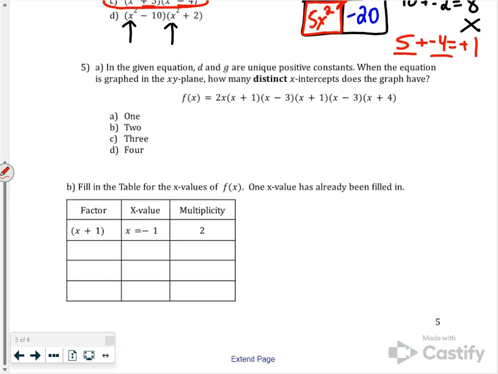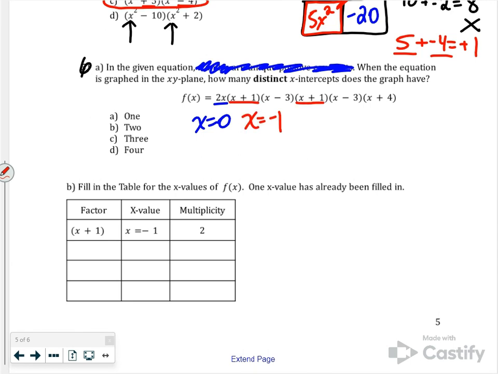Okay. Now, this is technically question 6, and it is the last one on the review. So it says, given the equation, D and G were the old parts of the problem. So given the equation, these are going to be your factors. X equals 0, x equals -1.